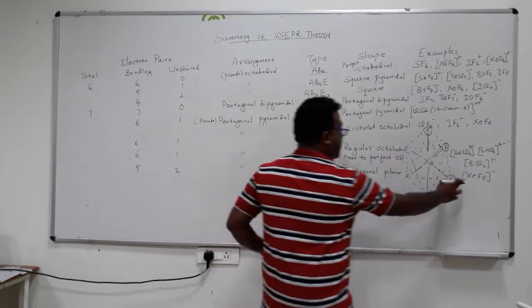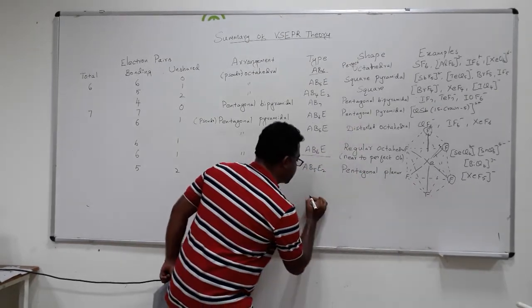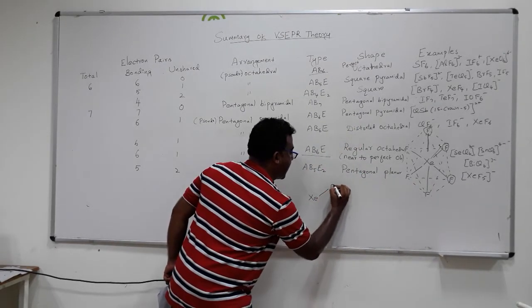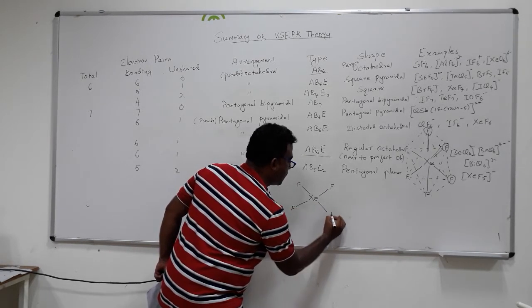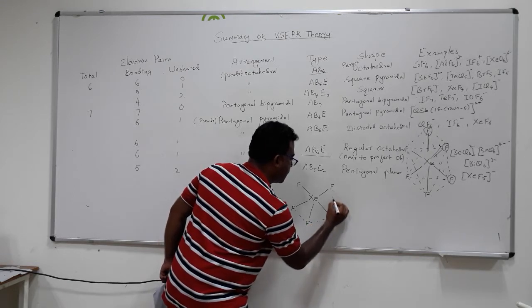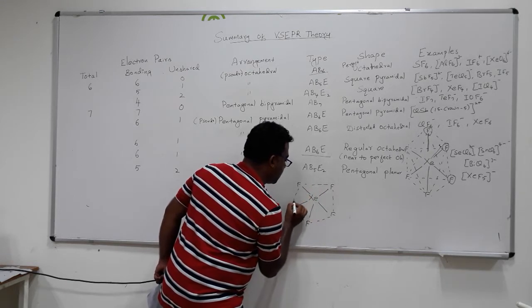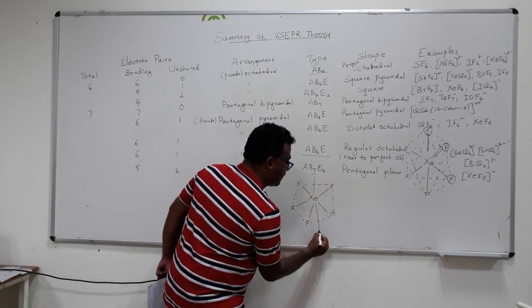Again, in this case it has 7 electron pairs, including 2 lone pairs.